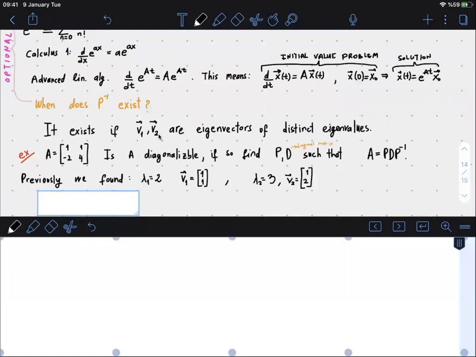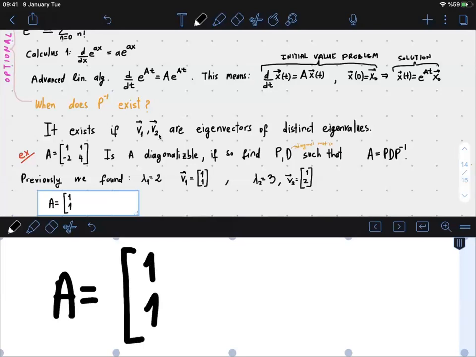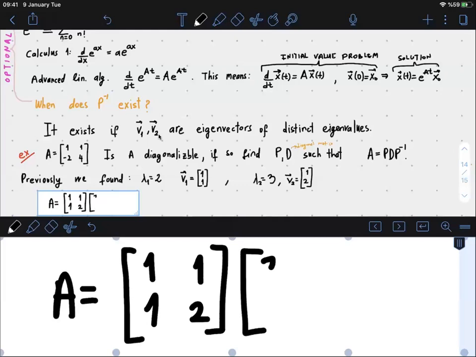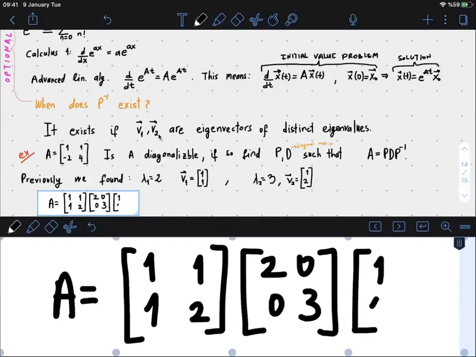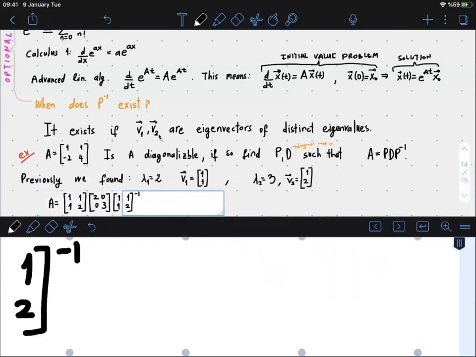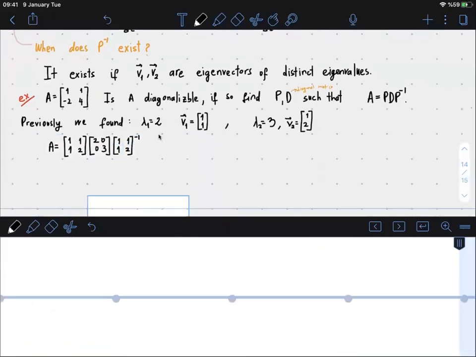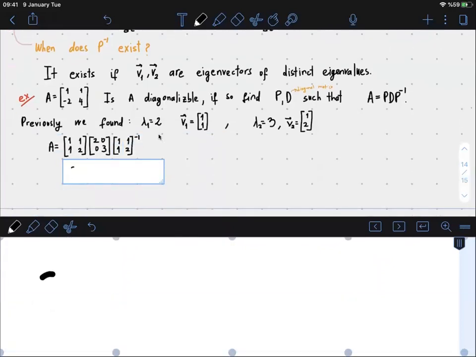So what does it give us, guys? A equals this matrix 1, 1, 1, 2, times the diagonal matrix with 2 and 3, 0, 0, and then the inverse of this matrix. Let's check, verify the answer. So what is the inverse?